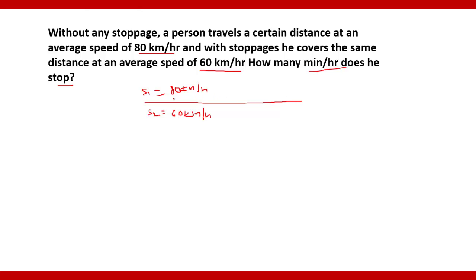When he travels with 80 km per hour, suppose he takes T1 time, and when he travels with 60 km per hour, he takes T2 time.